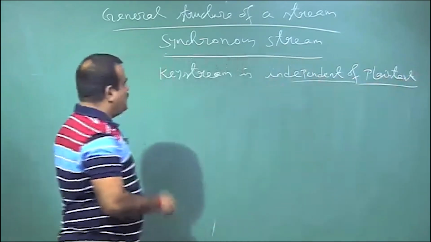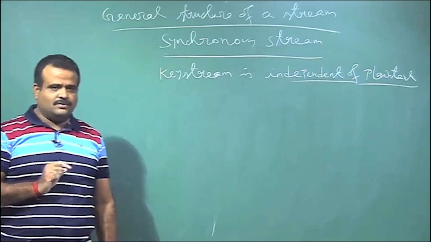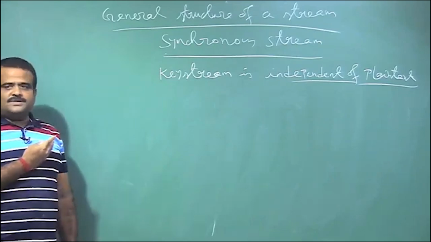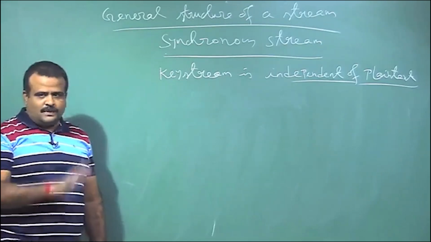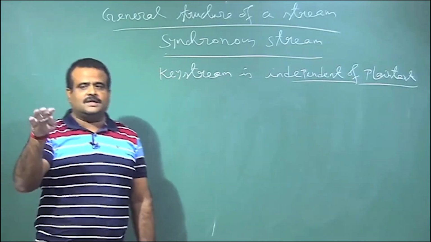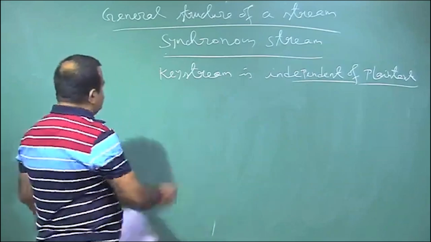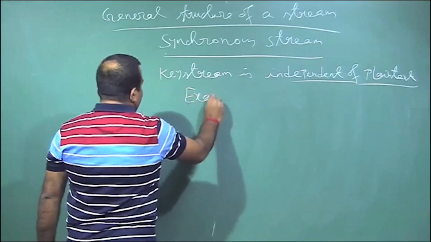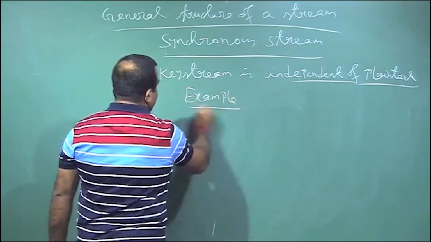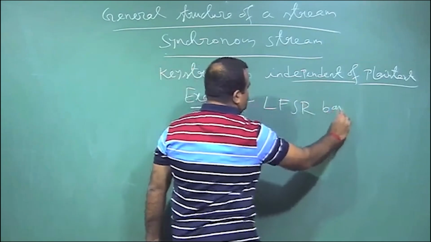We are not having any input of the plain text or ciphertext in the key stream. The LFSR based StreamCiphers we have seen are all synchronous StreamCiphers, because they just take the original key and give us the key stream.